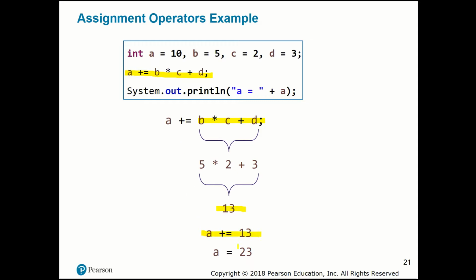This means that 13 is added to a. So a becomes 23. So even if we use this operator, at first we must compute the right side of this operator. Anyway, this operator is an assignment operator. So at first we need to finish this part, and then we need to add this result to a.